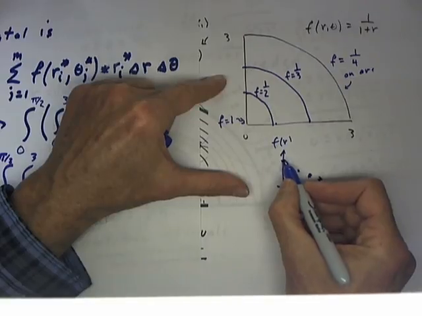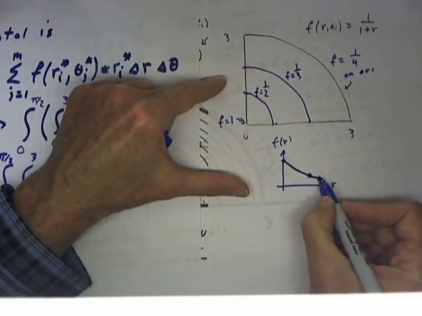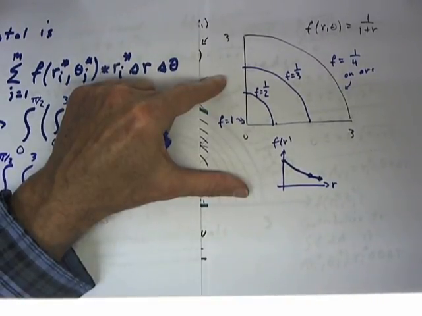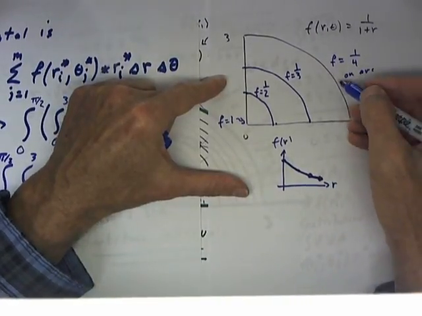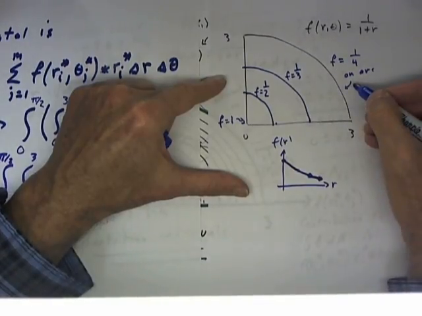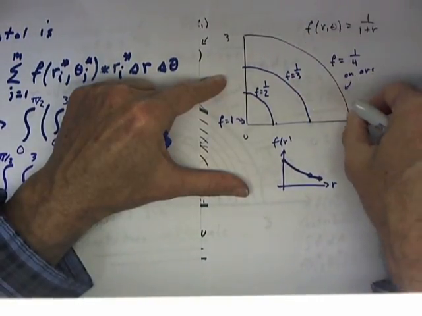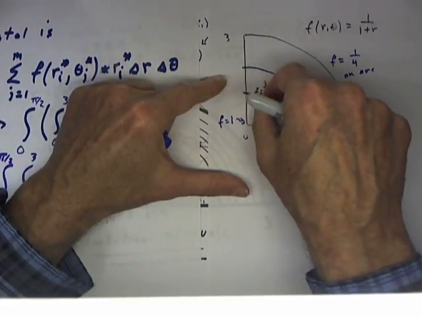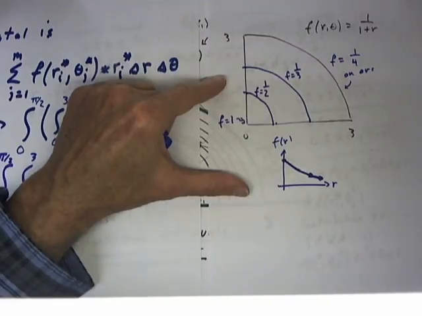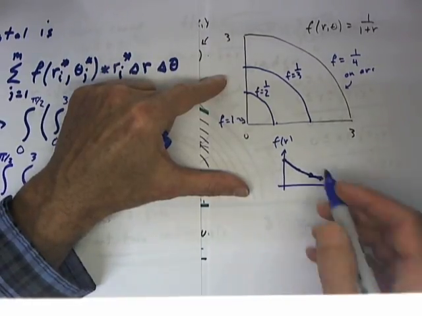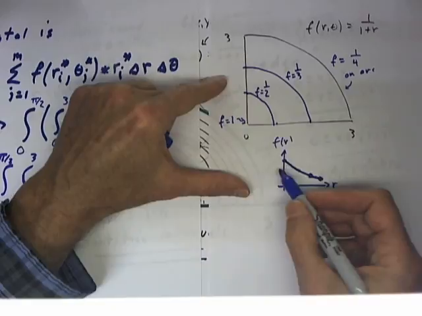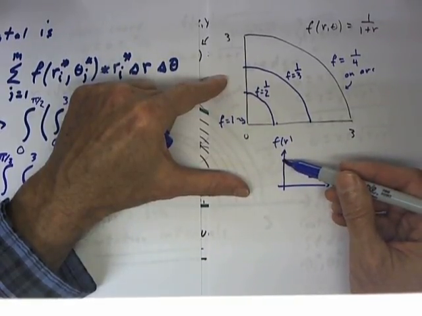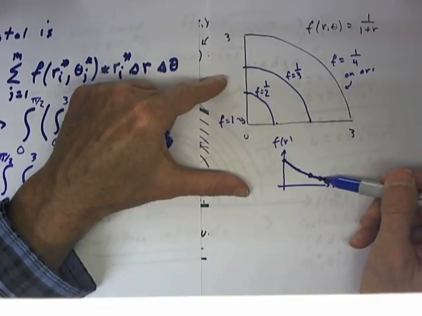Our function won't be linear, it'll actually have some curvature. We are, however, integrating the function with respect to area, and there's more area out here where the value is 1/4 than there is here where the value is 1/3, or here where the value is 1/2. Our average value of f of r with respect to r is a little less than the average of the values here and here.